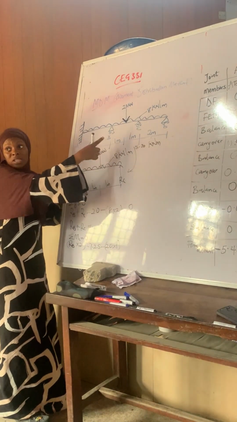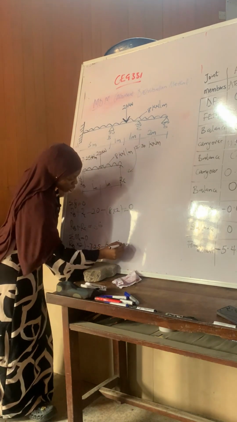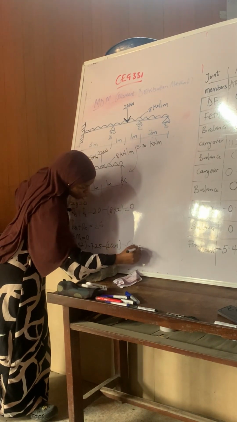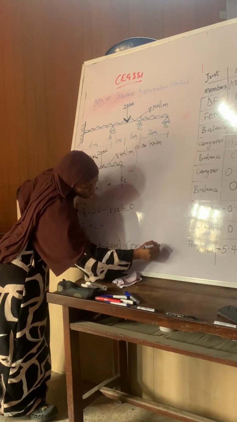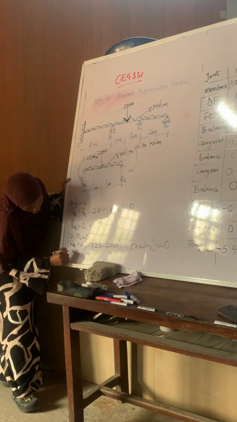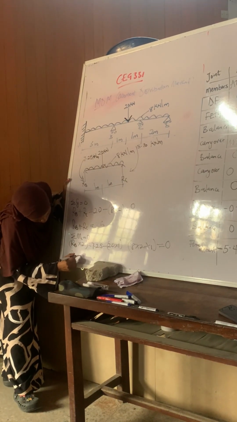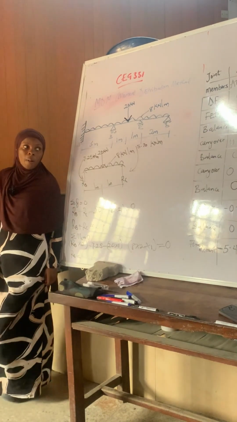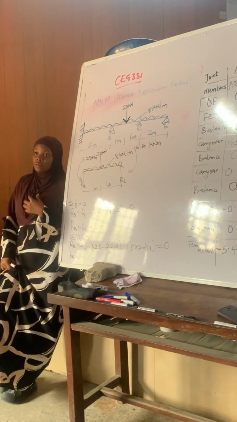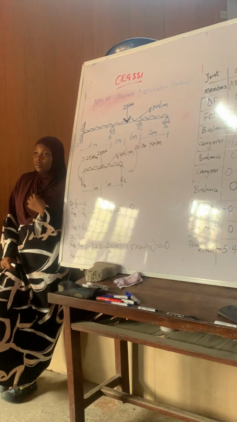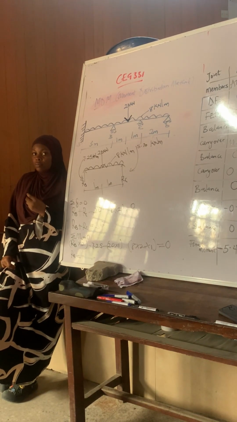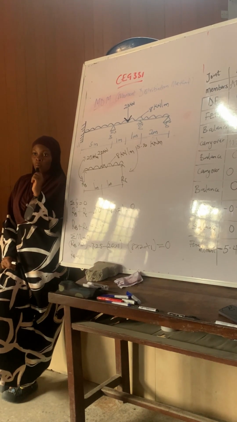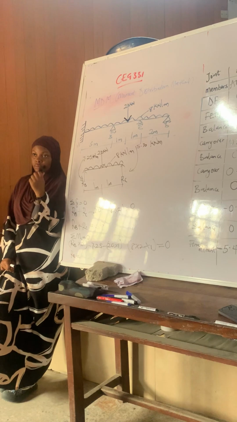To turn the UDL to a point load, we have 8 times 2 multiplied by 1. Yes, everything equals 0. So from here, you get your RB. Can someone get the value of RB for me? What is our RB?